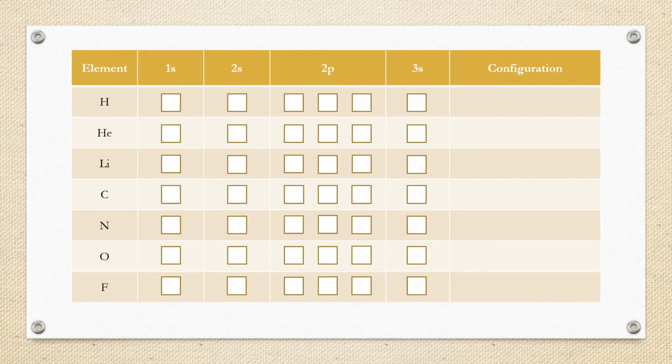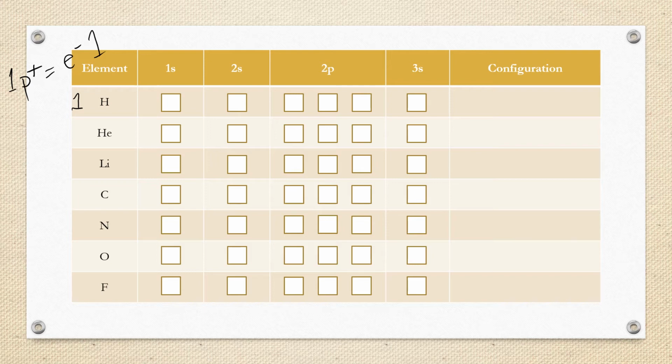So let's start with hydrogen. So this has to go back to what we've been working on this entire time. In a neutral atom, how many electrons does hydrogen have? Well, hydrogen has an atomic number of 1. That means it has 1 proton. Well, in a neutral atom, the number of protons equals the number of electrons. So that means we also have 1 electron.